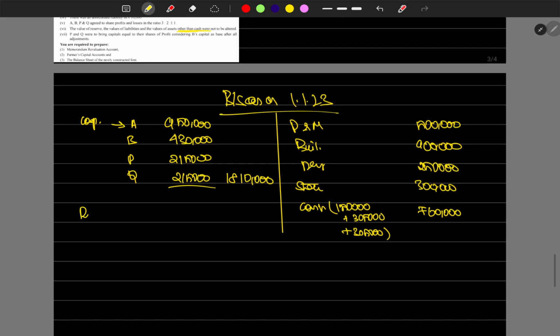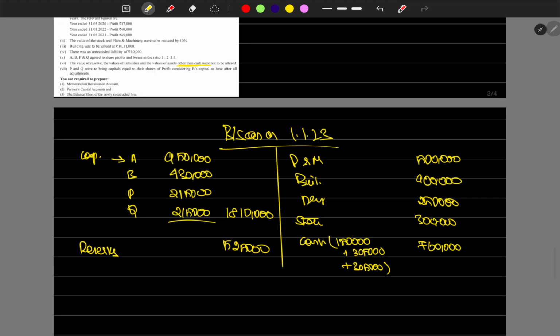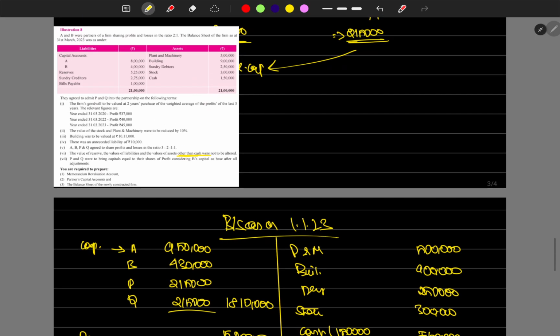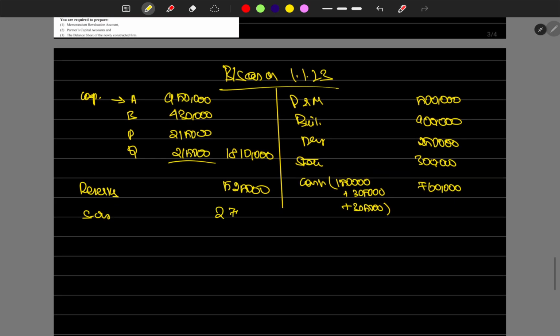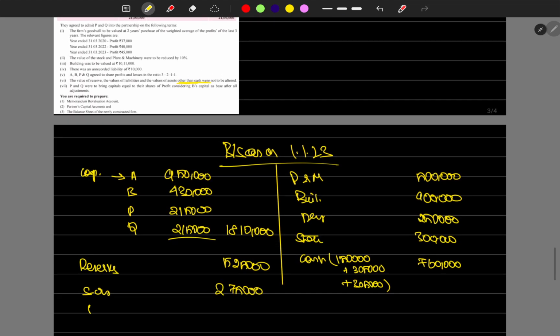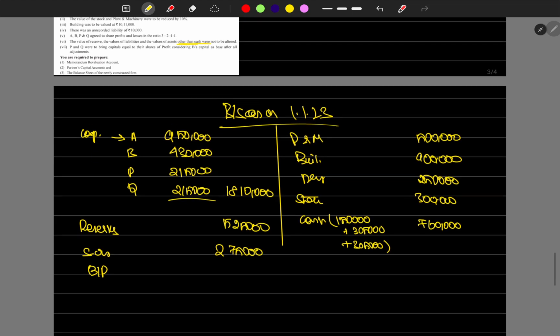What else? Reserves 5,25,000. What else? Sundry creditors, which is 2,75,000. What else? Bills payable 1 lakh.